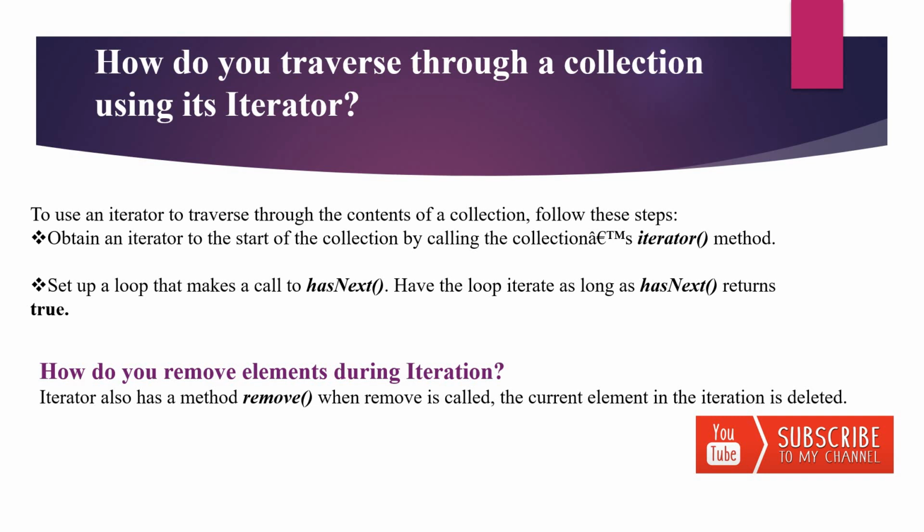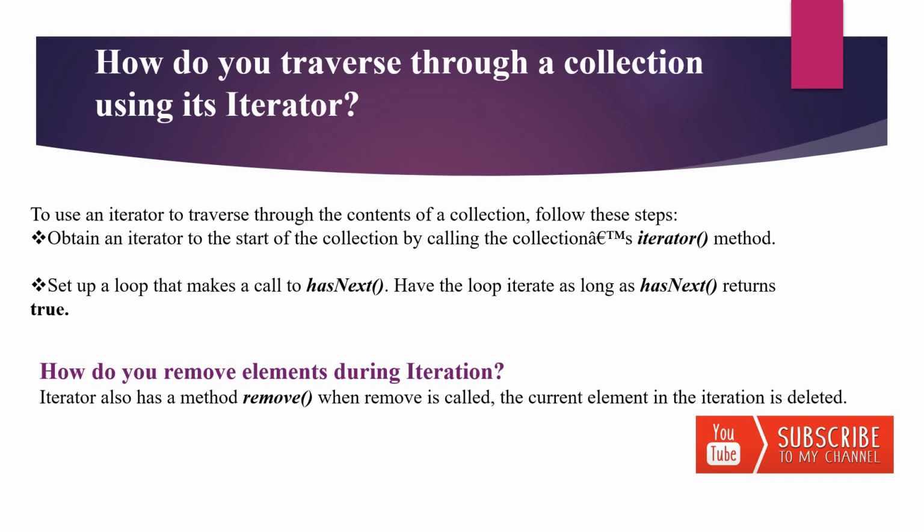Set up a loop that makes a call to hasNext. hasNext is a very important topic, how to use it in the collection to traverse. Have the loop iterate as long as hasNext returns true.